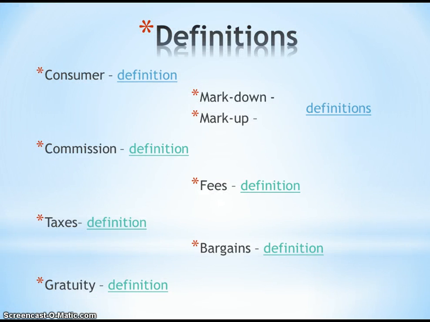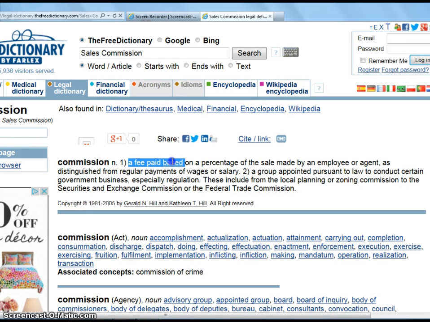Next is commission. So commission is a fee paid based on a percentage of the sale made by an employee or agent. So what a commission is when you get paid by how much you sell. So in a way, you guys in class are getting paid on commission because your pay is based on how much homework you turn in.